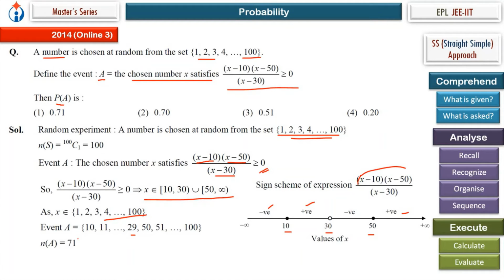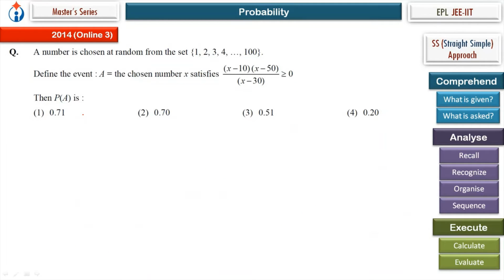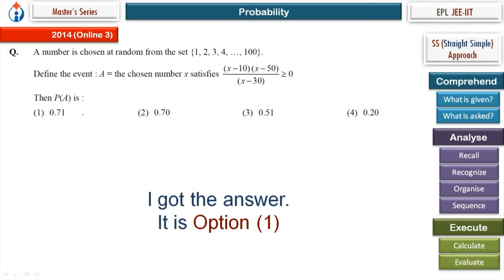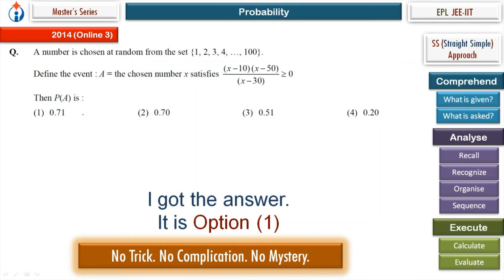So n of A: from 10 to 29, there are 20 numbers. From 50 to 100, there are 51 numbers. So 20 plus 51 is equal to 71. So n of A is equal to 71. I get the probability of occurrence of A as 71 upon 100, 0.71. Option 1. No trick, no complication, no mystery. Straight, simple approach.